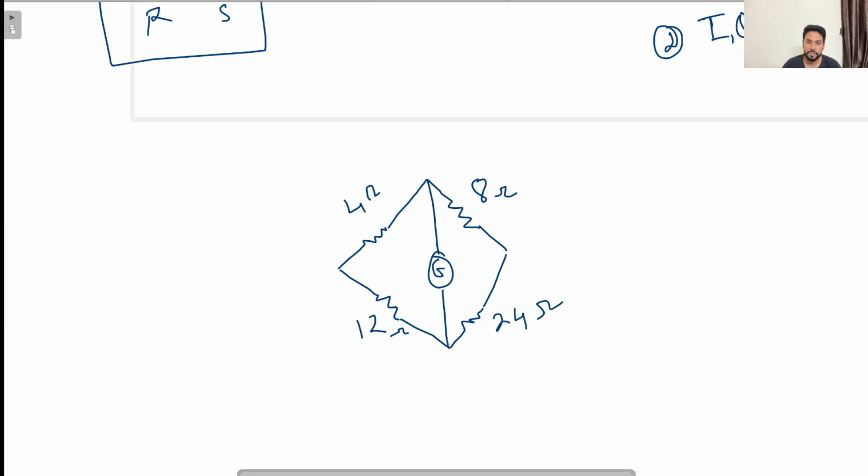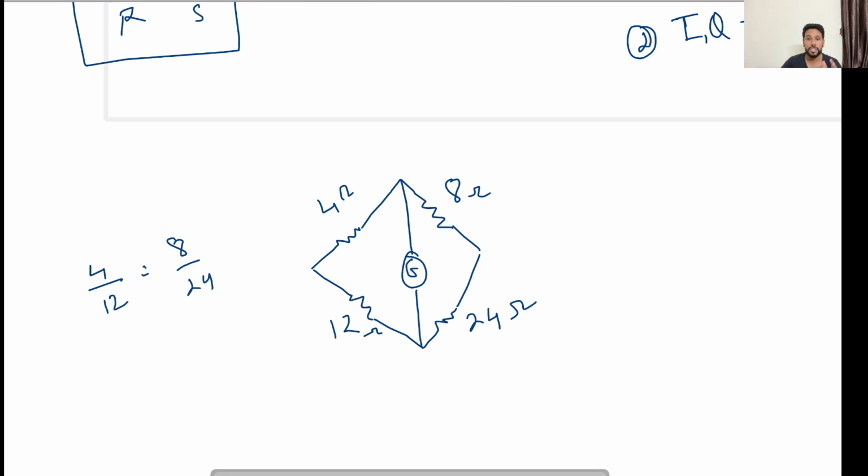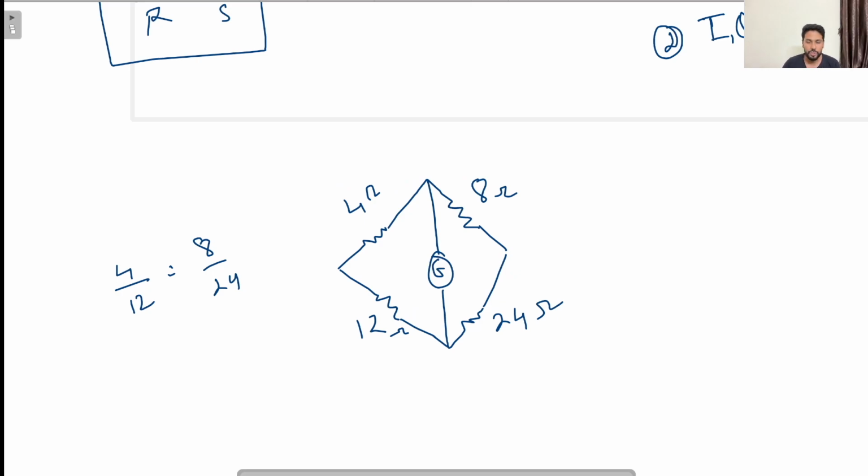Will the Wheatstone bridge be balanced? Yes, it will be balanced. How? 4 by 12 is equal to 8 by 24. Yes, it is. The ratio is the same. So this is the condition for the Wheatstone bridge to be balanced. So this is how you identify whether the Wheatstone bridge is balanced or not.